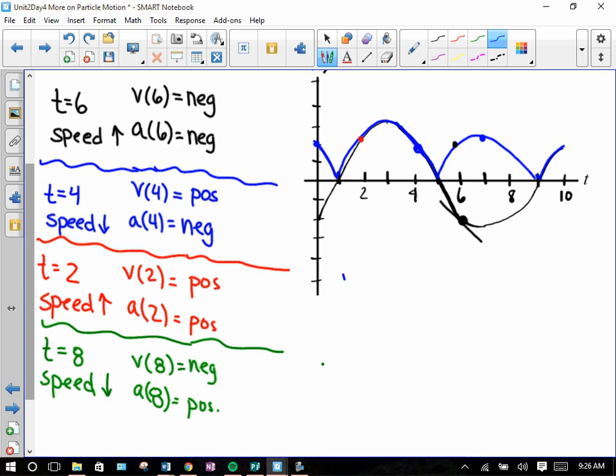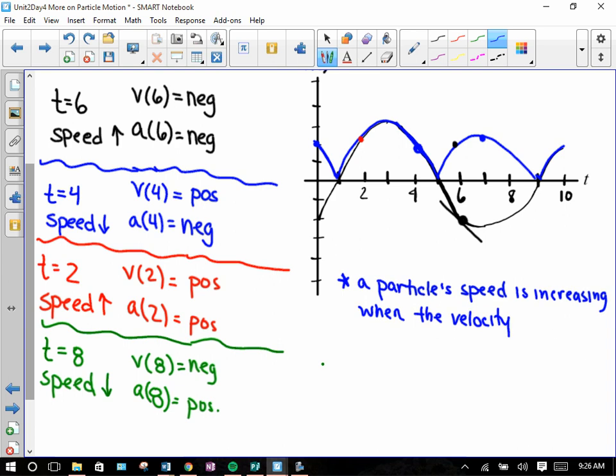So here's what I'm saying. A particle's speed is increasing when the velocity and acceleration have the same sign.